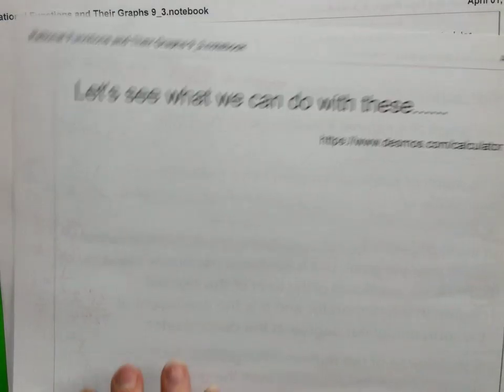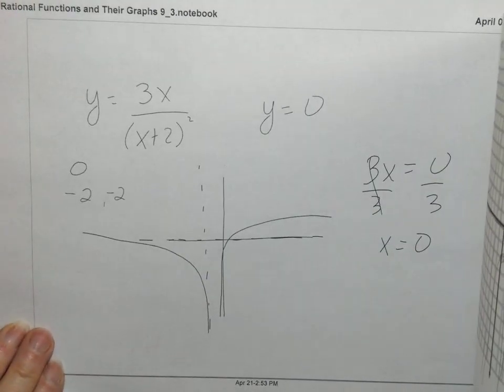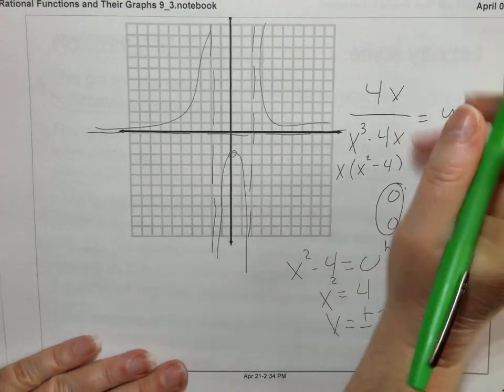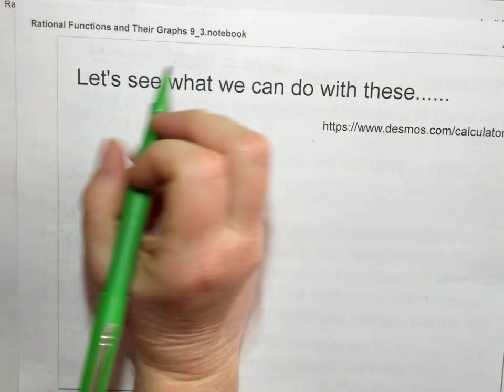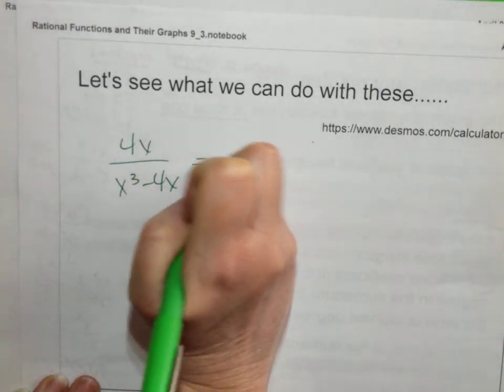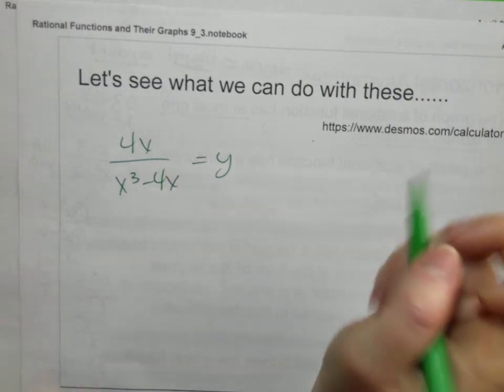Okay, let's see how that applies. Oh, and I have a whole bunch of pages that say the same thing. Here's one. Let me rewrite it: we have 4x over x cubed minus 4x equals y. First of all, what's the degree of the numerator?